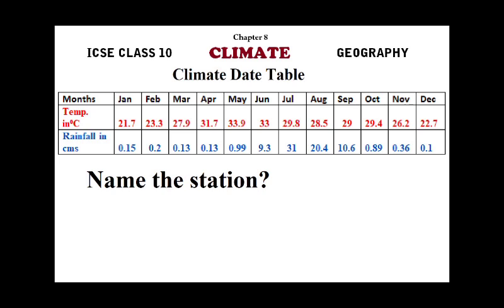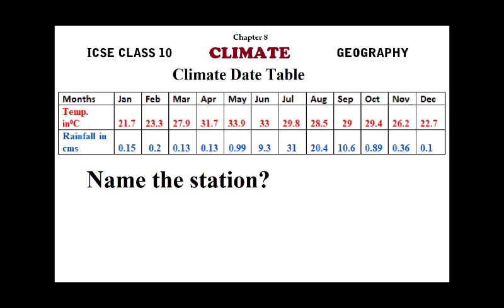Not only that, in the previous video we have already seen that mango showers give a little rainfall during the hot summer seasons, right? So if this were Kozhikode, then rainfall would have been slightly different. So this is not Kozhikode station. Then one thing we can say is that it is a station located further north, a station which is not in Kerala. So in this way we have to sort out and find the station.